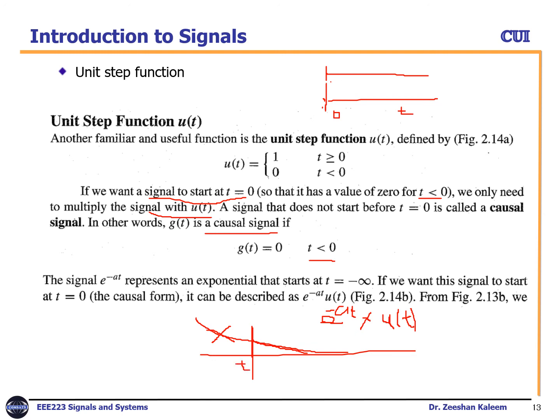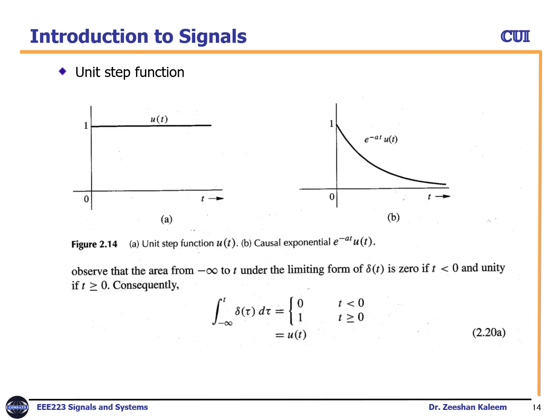To make any signal causal, we just multiply that signal with the unit step. This is an example, as I already discussed. This is a unit step function with amplitude 1 for t greater than or equal to 0. When we multiply e to the minus at with u of t, there is no part of the signal before time equals 0, so it becomes a causal signal.